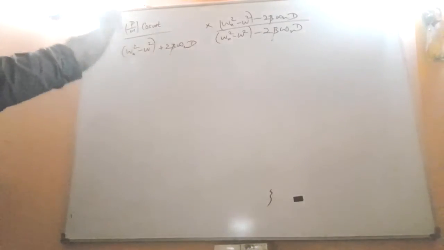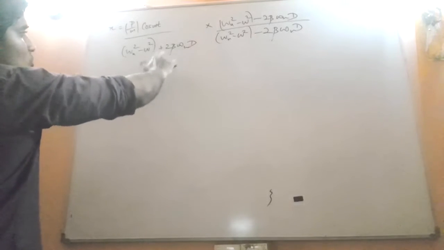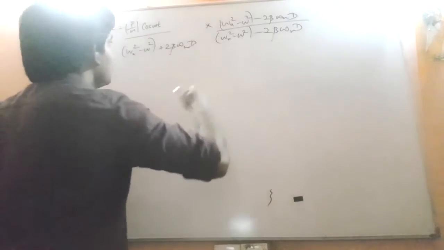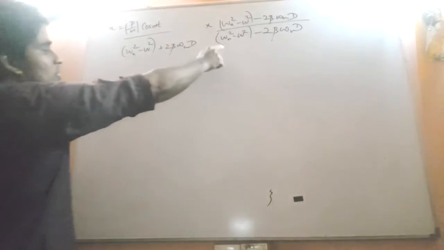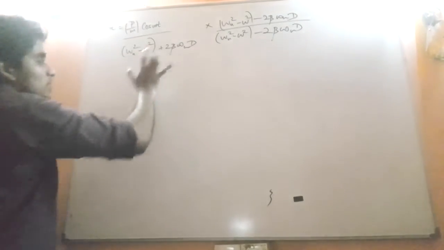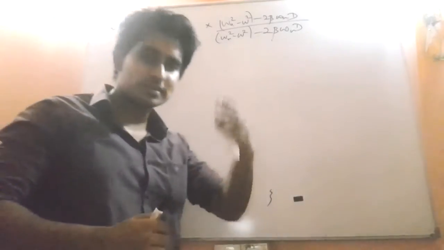Okay, so x equals P divided by M cos omega t divided by omega n squared minus omega squared plus 2 beta omega n D, right? This part we have to multiply by its conjugate, omega n squared minus omega squared minus 2 beta omega n D. We have to follow this step in order to proceed with the calculations.